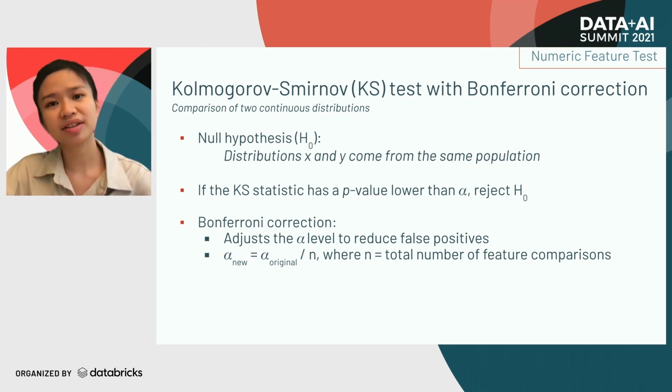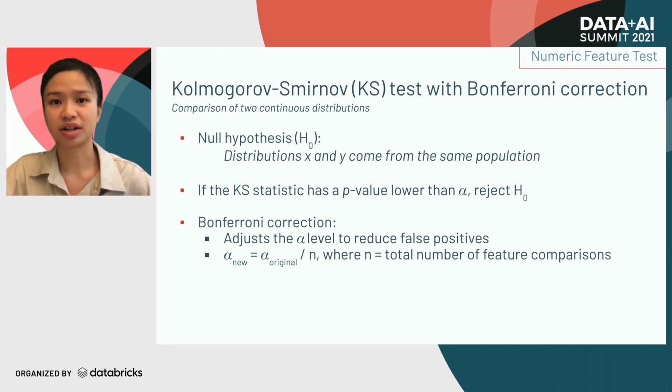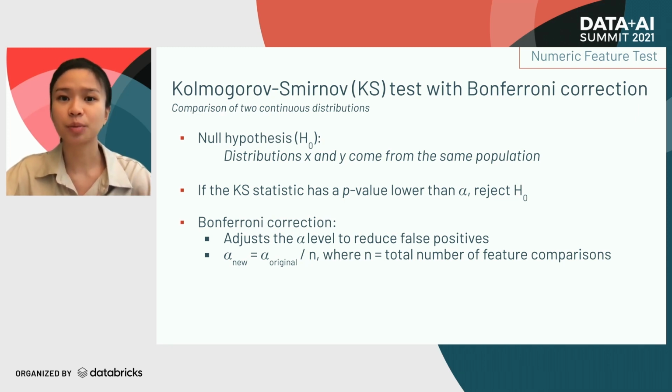As we repeat this KS test multiple times for n feature comparisons, the rate of false positives actually increases. This is why we need the Bonferroni correction to adjust the alpha value by the total number of feature comparisons to reduce the family-wise error rate. Note that you will see this framework of hypothesis testing repeating for other statistical tests as well.